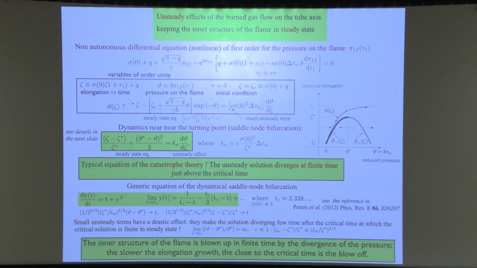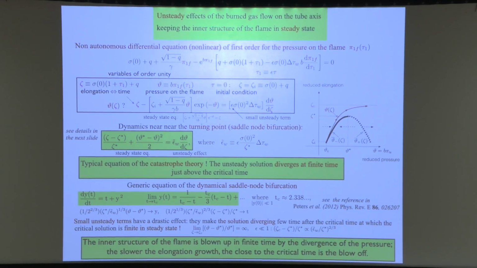To conclude, what this simple analysis shows is that the inner structure of the flame is blown up in finite time by the divergence of the pressure. And the slower the elongation grows, the closer to the critical time is the blow-off.